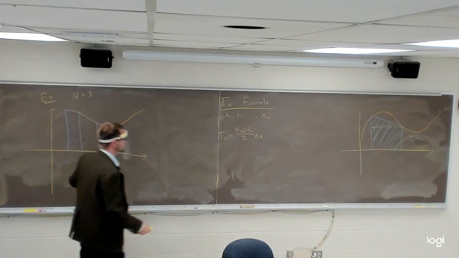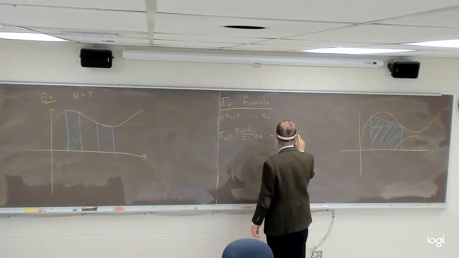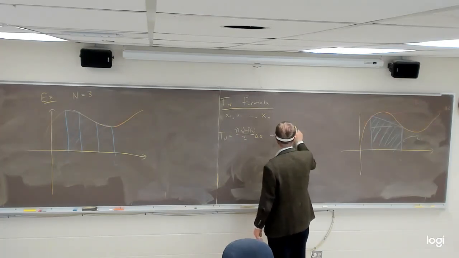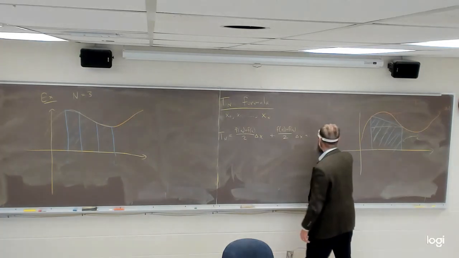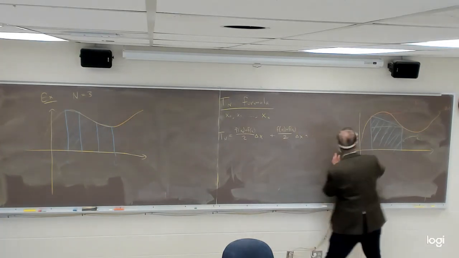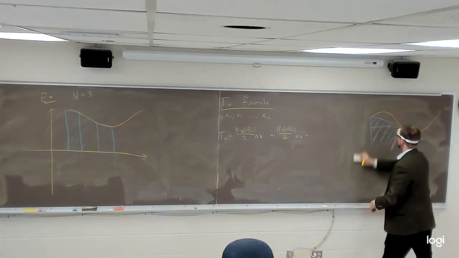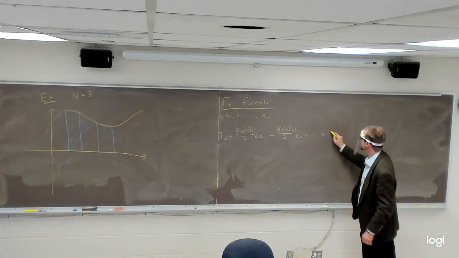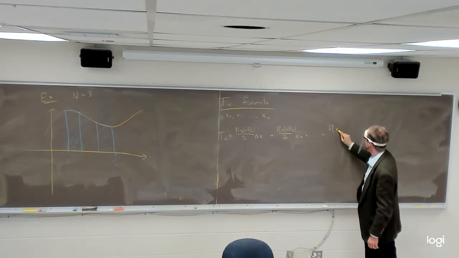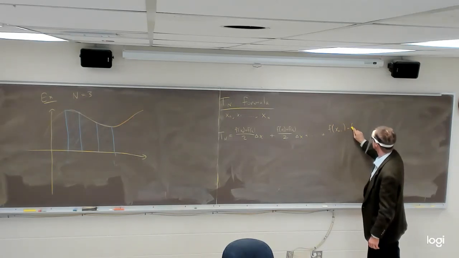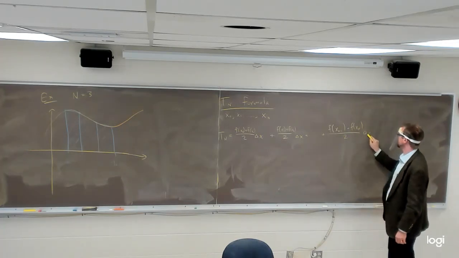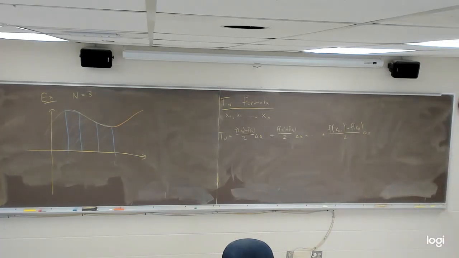Similarly, this is base times the average of the heights, f of x1 plus f of x2 over 2. And so on, up through my last one, f of x n minus 1 plus f of x n over 2 times delta x. That's what I get from just adding up the trapezoids.